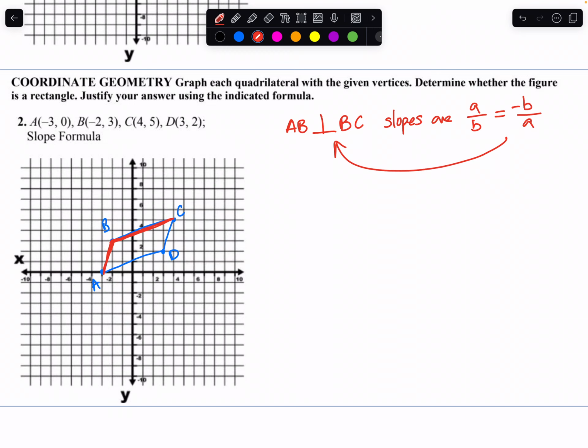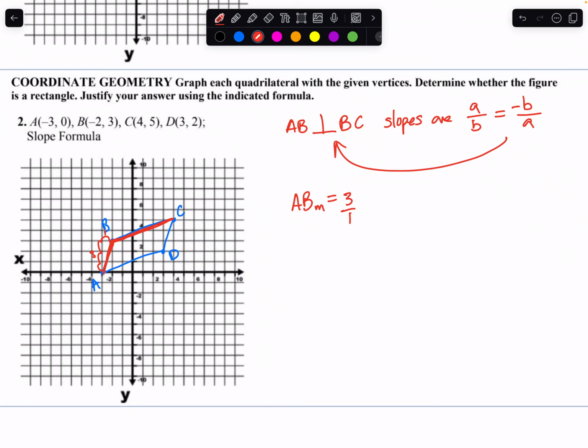So I can find the slope of AB. If I want to find the slope, or m, I would do rise over run. So the slope here is up 3 over 1. I count 1, 2, 3 over 1.